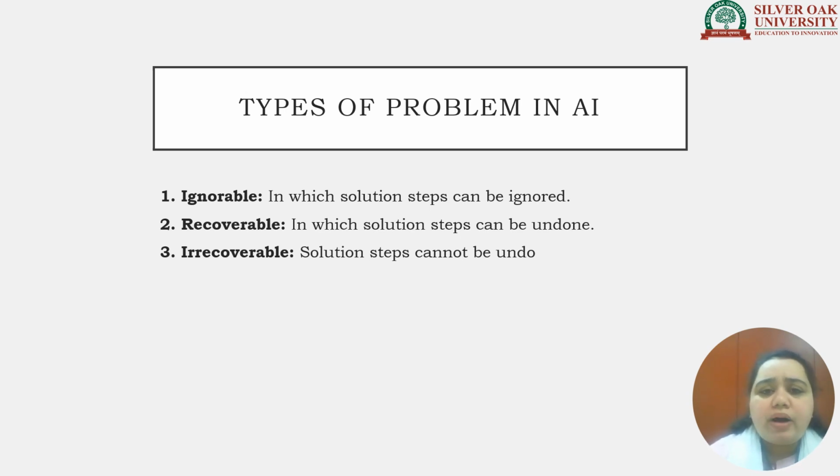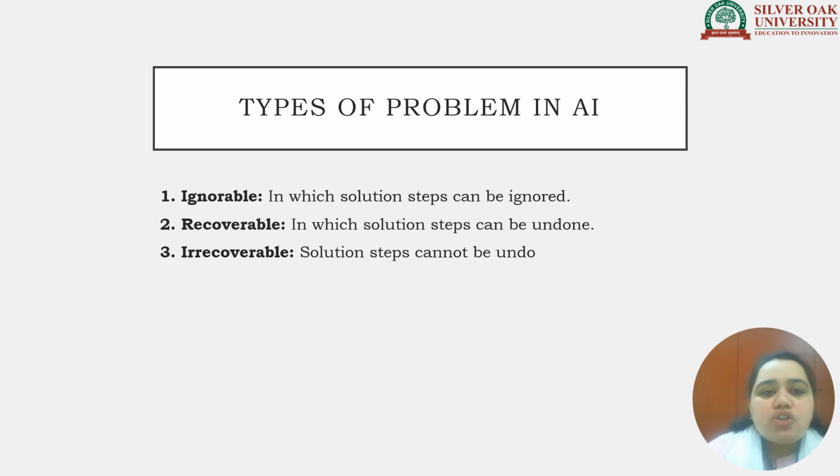If I talk about a recoverable problem, the solutions or the steps can be undone. By undone, what I mean is, if we are playing a game of chess and I have kept my horse in the wrong position, I can undo it and keep it at the correct position. That is known as a recoverable problem.